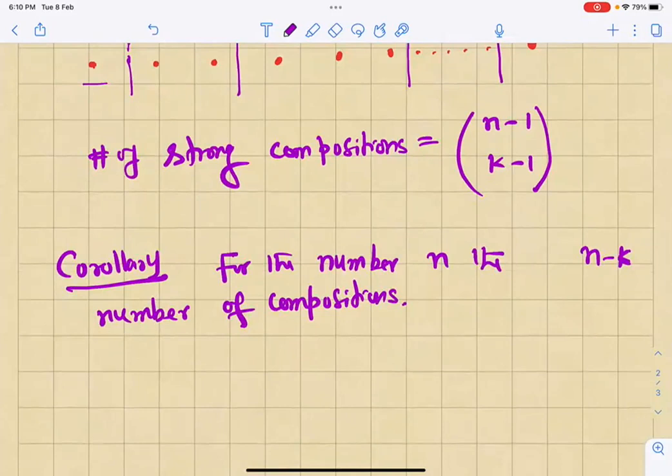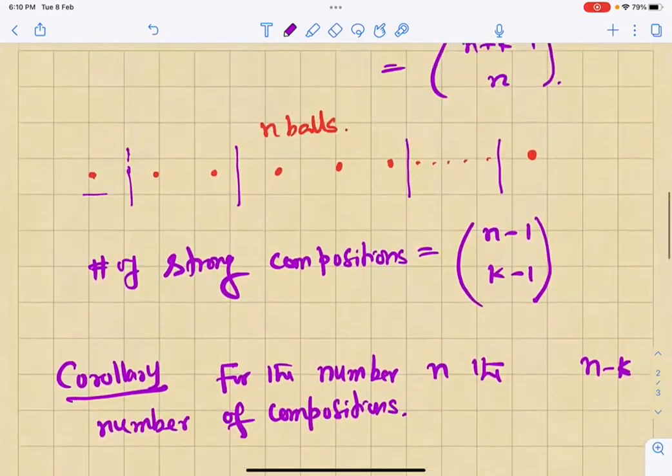Sir, could you just repeat the boundary argument once? I think I missed it. Sure. So you mean the strong composition argument, right? Yes. So these red dots are the balls. They are identical. Now, if you forget about these sticks that I have drawn here, these n balls have created n-1 gaps, right? And now, if you place the sticks in any of these k-1 gaps that the n balls have created, then you are done.